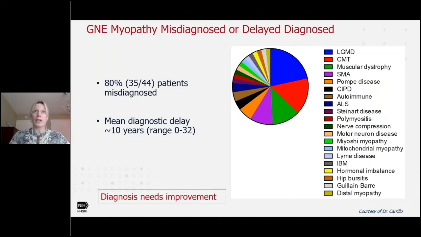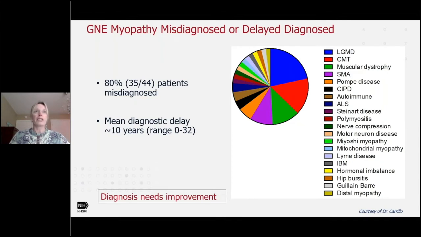Mostly misdiagnosed with limb-girdle muscular dystrophies, Charcot-Marie-Tooth, or other muscular dystrophies. This kind of misdiagnosis is very common, and these other disorders mimic the onset of GNE myopathy.